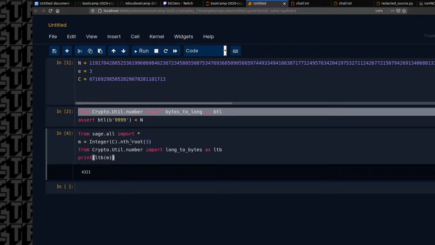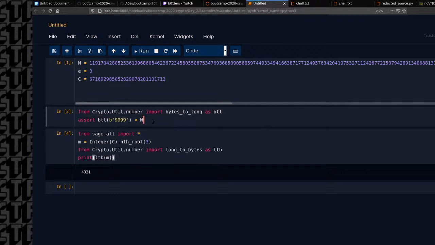So the key takeaway here is that if you have some sort of knowledge of the plaintext, that you can otherwise make some sort of assumption and check, that's what we did here. We checked that in the case of the bank pin being the largest possible value of 4 nines, we would be able to simply take the cube root because we never take the modulus.